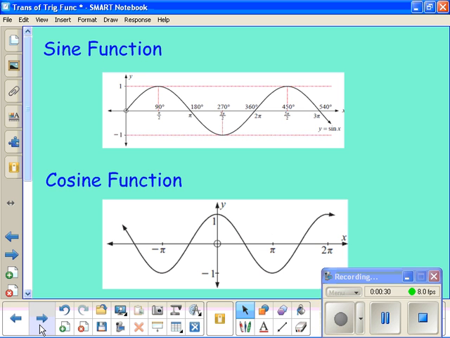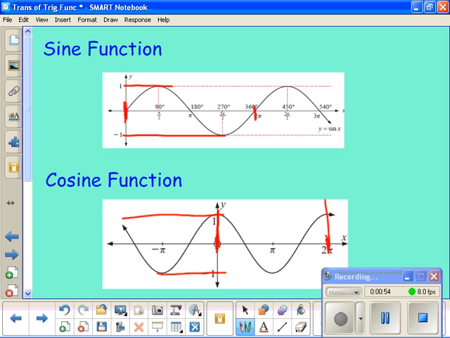Remember what the sine function and cosine function look like. Some basic characteristics we should always know is the minimum and maximum of sine and cosine are both 1 and -1. The period of both sine and cosine is 2 pi, meaning it takes 2 pi for it to repeat.